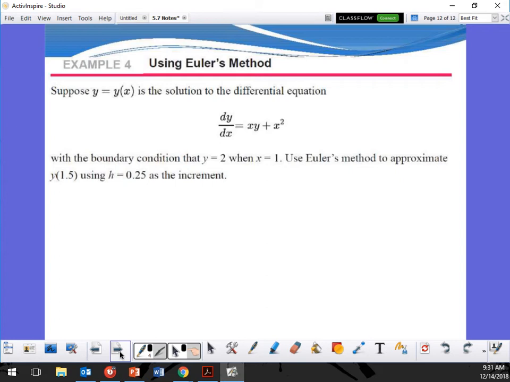Let's see, what should I start by doing? What do we need to do first? Let's separate this. How can we separate this?